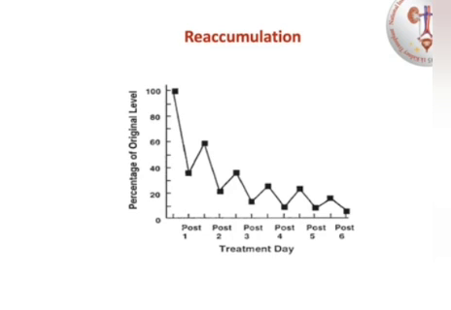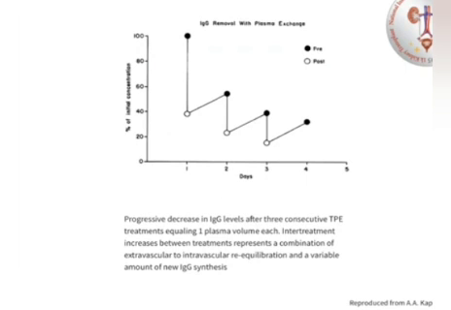Because after that, the rate of reaccumulation is much lower, and you will not need a daily plasma exchange. Again, this is the same concept. This is the example of IgG removal by plasma exchange. You see pre and post, pre and post, pre and post, and then you have a new maximum point after a few consecutive sessions.